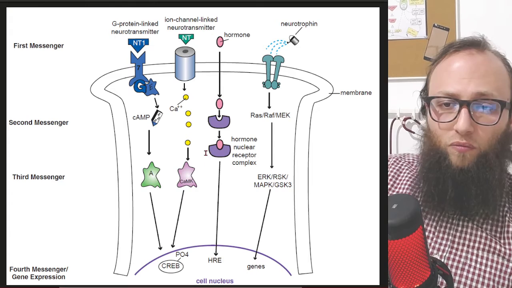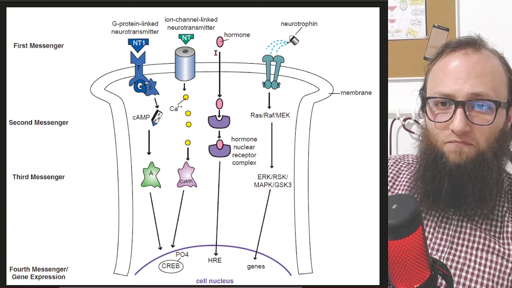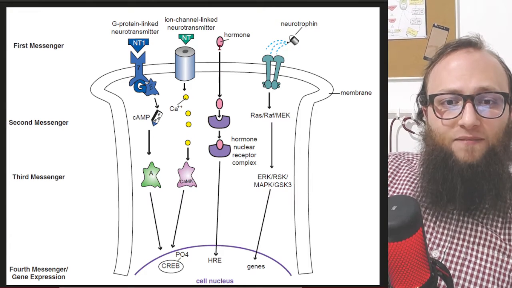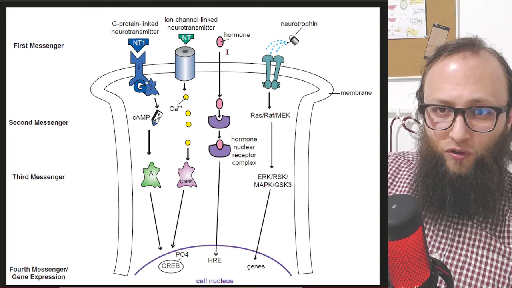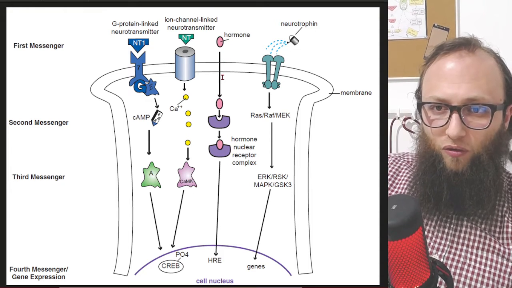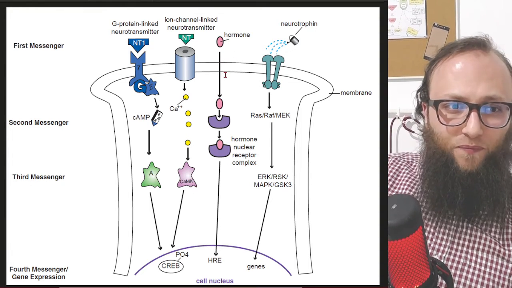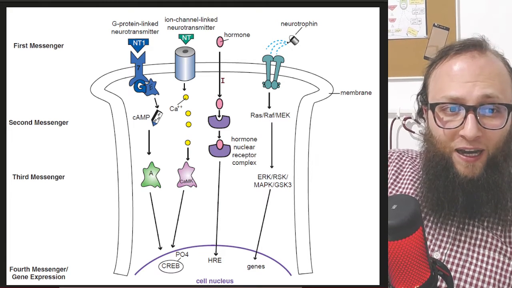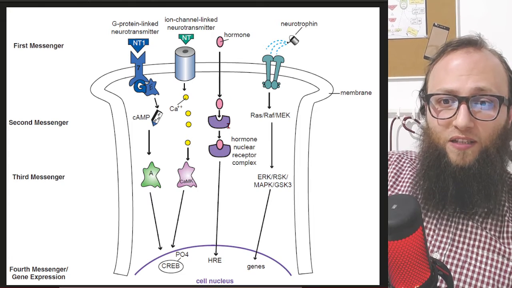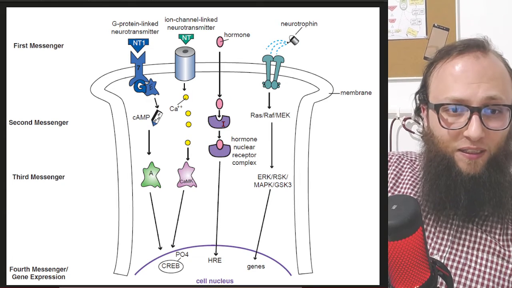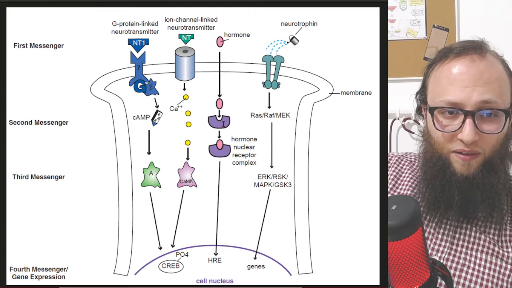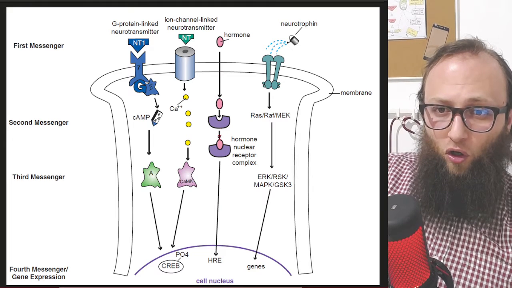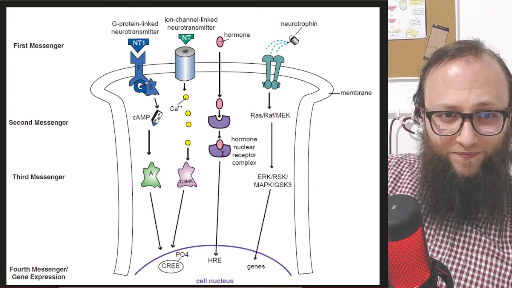Let's just go to hormones. Certain hormones, such as estrogen, for example, and other steroids, can enter the neuron. You don't need any receptor here to enter the neuron. Then they find their receptors in the cytoplasm and bind to them to form a hormone nuclear receptor complex.